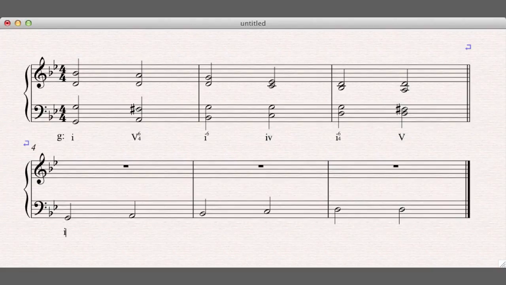Let's put in the harmonic progression as well, just so we can see it as we're going along. And now what we're going to do is, in the right hand, give the other 3 notes. And generally the rules of doubling the root in root position chords and all that stuff that came from earlier, that still applies.